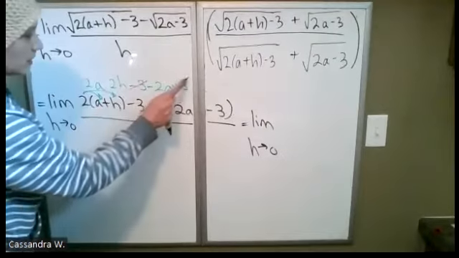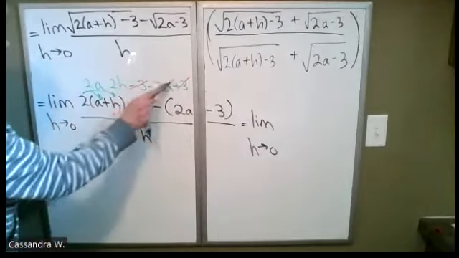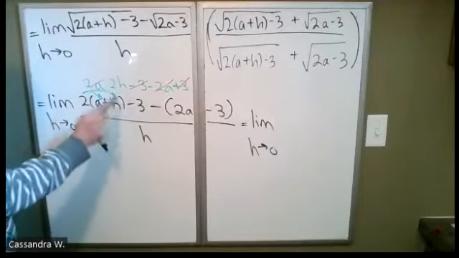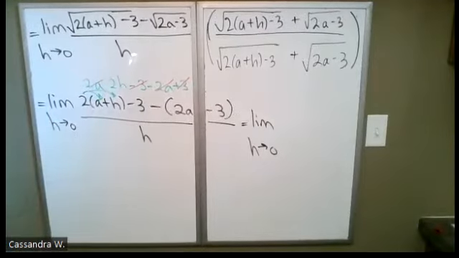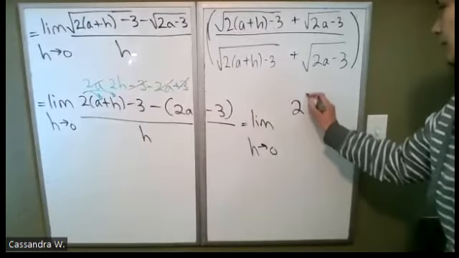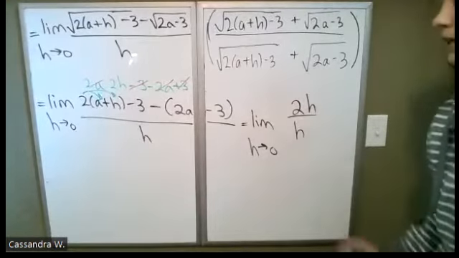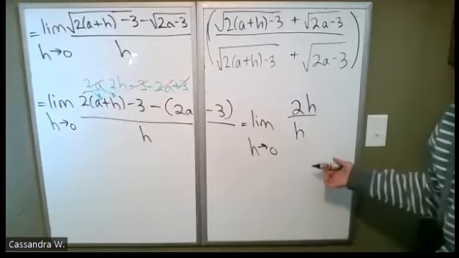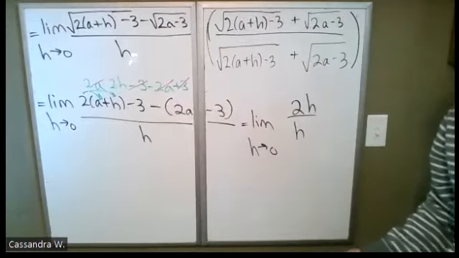So the minus 3 and plus 3 is gone. There's a minus 2a and a plus 2a. So what's left is 2h. Okay, and then h over h is 1. So we're taking the limit as h goes to 0 of 2, which is 2.